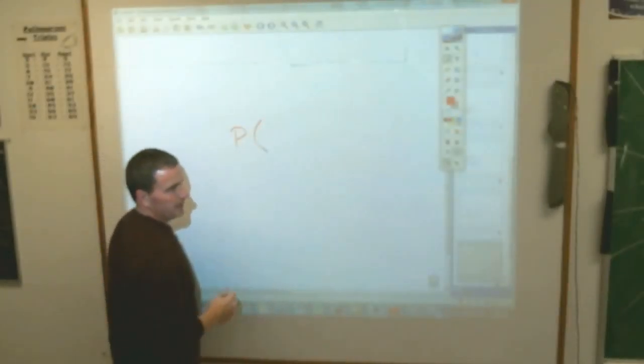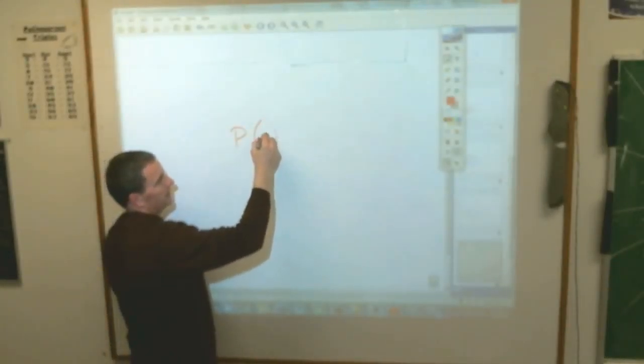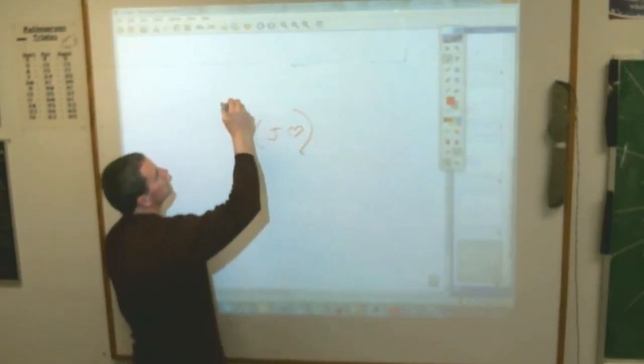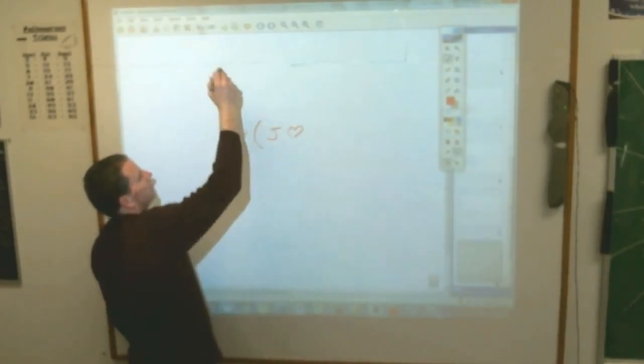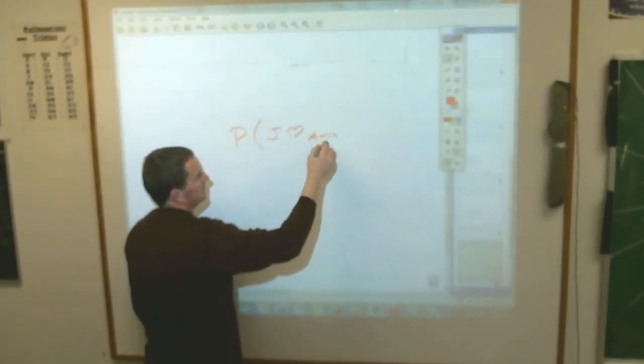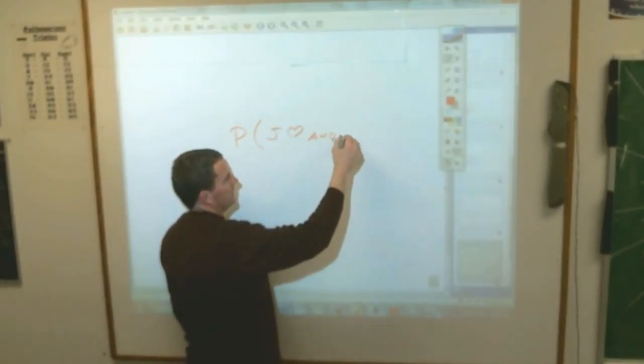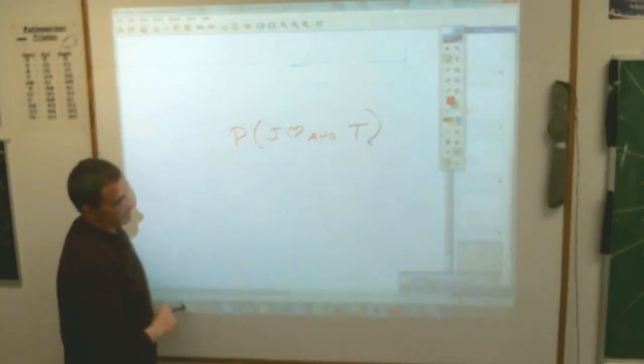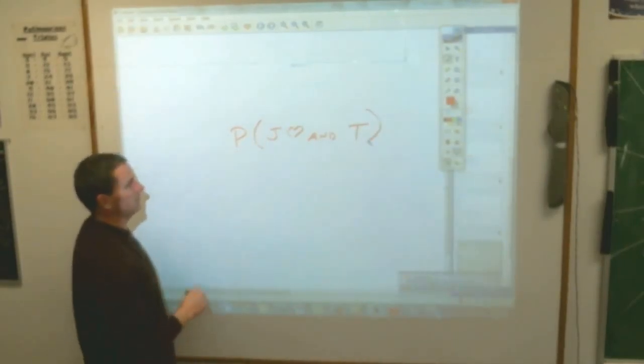So what would be the probability then of drawing the Jack of Hearts from a deck of cards and flipping a tail? I can tell you it's not very good, is it?